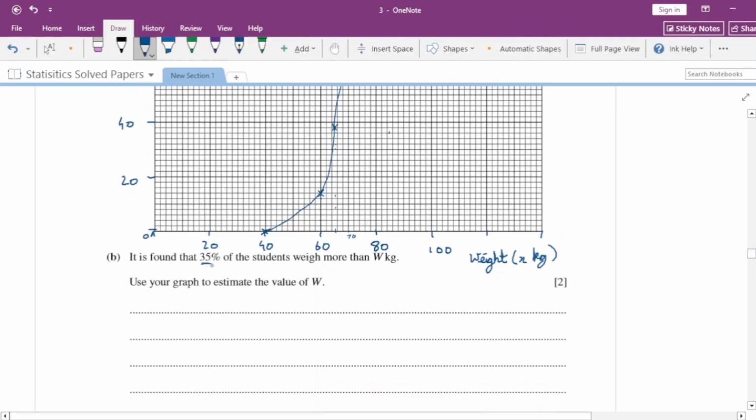And over here they're saying it is found that 35% of the students weigh more than W kg. That is fine, but we want to know how many students weigh less than W kg so that we can mark accordingly.